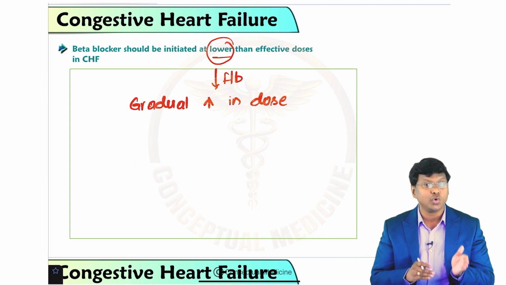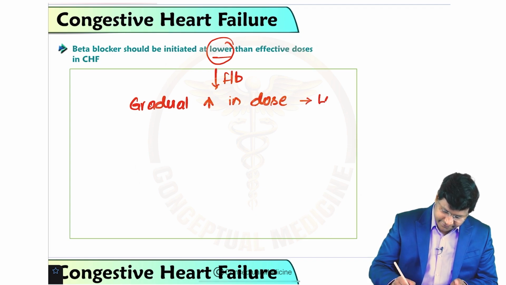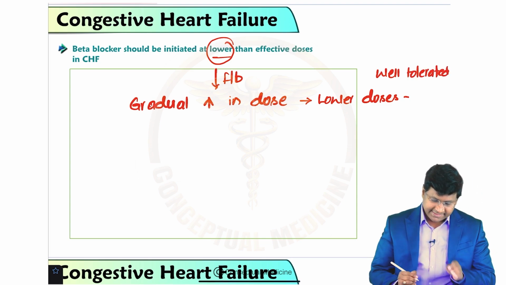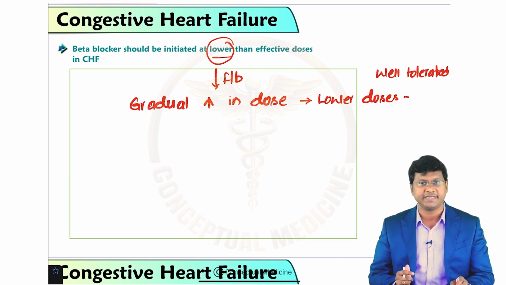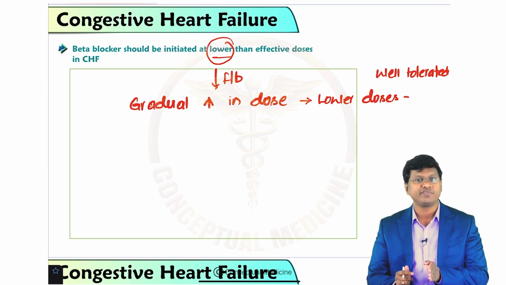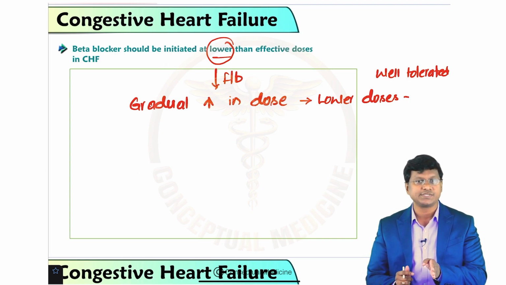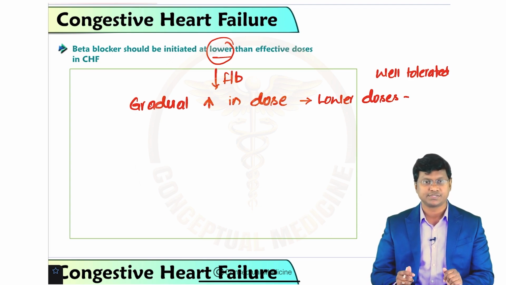That is, if lower doses have been well tolerated, that is the point when you need to step up the dosage of the beta blockers. And the dose of beta blockers should be increased until the doses used are similar to those reported effective in the clinical trials, right?